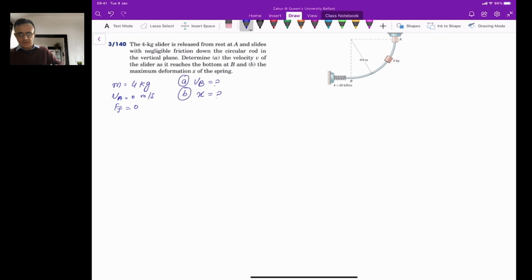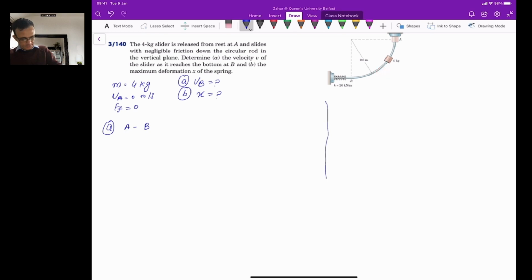So in part A, which is obviously from A to B, this slider moves from A to B here, and it just touches the spring here. So again, we can solve this using the work and energy equation.